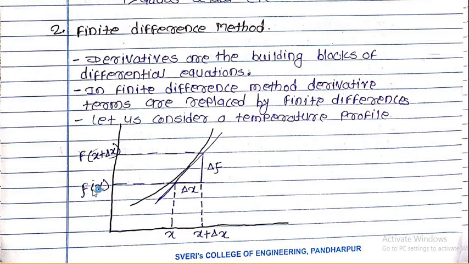We are going to consider that f is a function of x, and it depends on the variable x. So as x goes on varying, this function's value also goes on changing. So f is a function which depends on x, and for that purpose we write f of x, and we get the profile for that particular function.